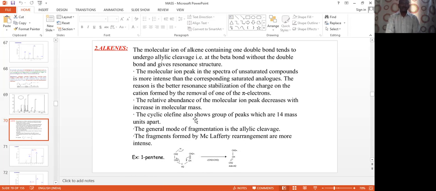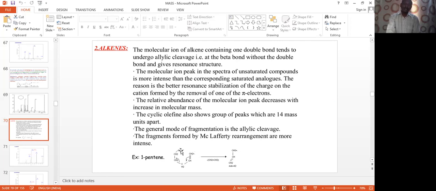Cyclic olefins also show peaks which are generally 14 mass units apart, because in cyclic olefins they have the CH2 units. So the general mode of fragmentation is allylic cleavage, and then fragments may be formed by the McLafferty rearrangement.